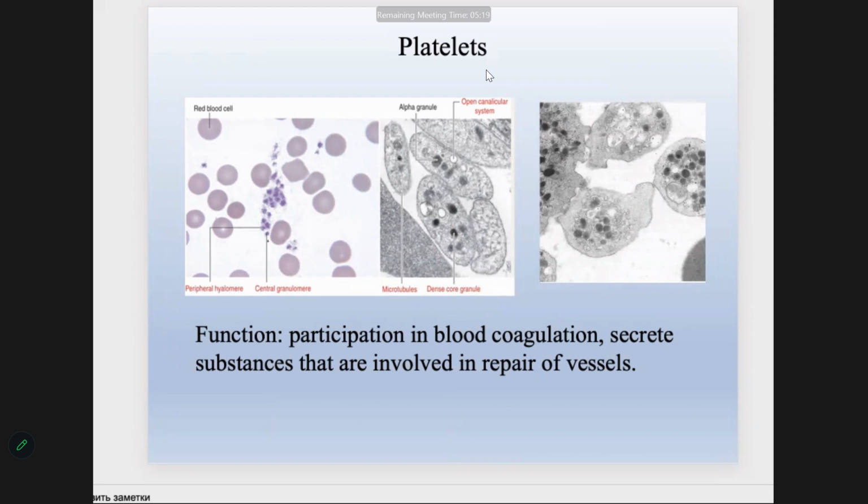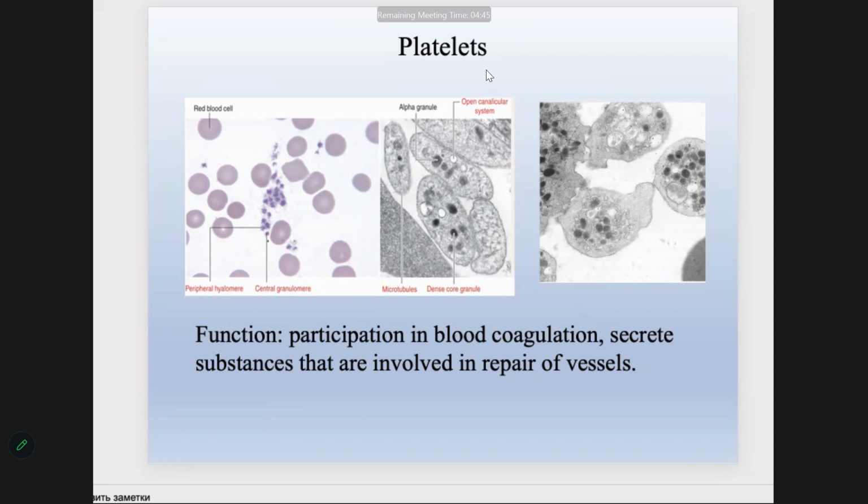The main function of thrombocytes is participation in blood coagulation, formation of thrombus, and they secrete some biologically active substances that are involved in the repair of blood vessels. The lifespan of platelets is only 7 to 8 days.